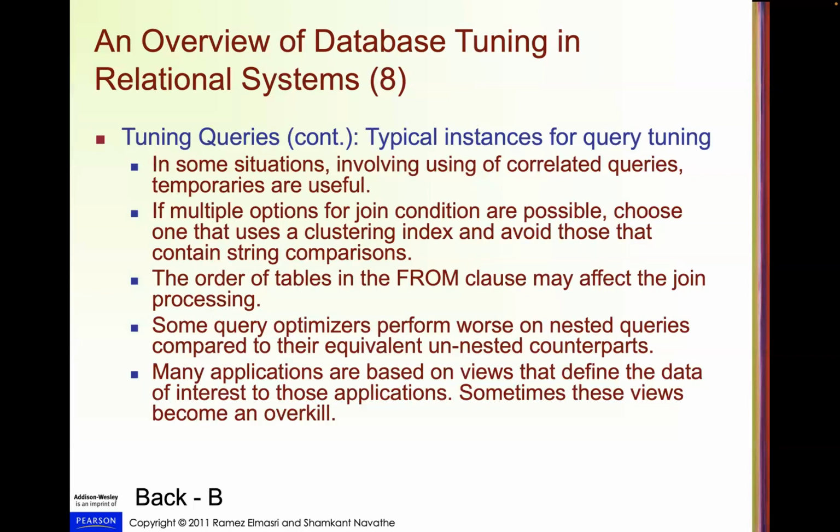So when you say select student number, student name, teacher name from teachers, students where the course is equal to DBMS, it will do the comparison between the student name and the teacher name from the student table and from the teacher table.